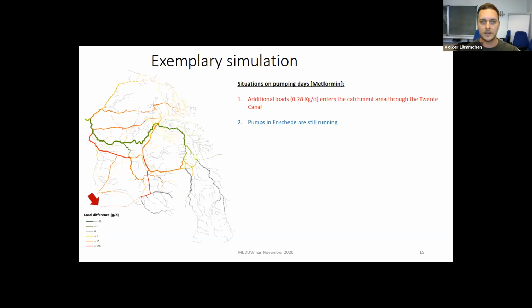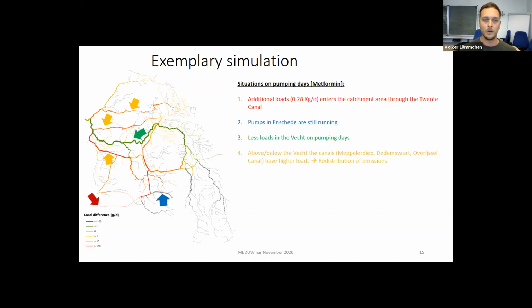Then pumps in Enschede are still running, so we have no change in the Enschede harbor and the first stretch of the Twente Canal. Then we have less loads in the Vecht on pumping days, which is caused because water and loads are removed from the network due to irrigation, and we have a redistribution of emissions because water is pumped into the other canals, for example, the Meppelerdiep, the Dedemsvaart, and the Overijssel Canal.